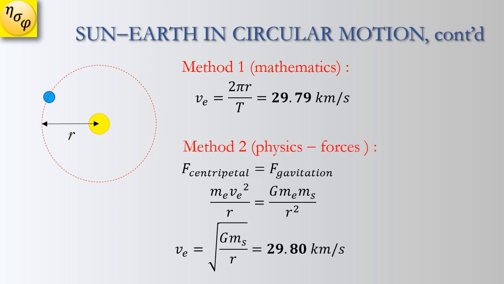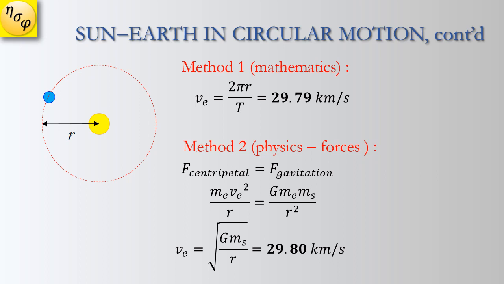In the second method, I used physics, especially forces. In this two-body problem between Sun and Earth, there are 2 competing forces. Those are centripetal force and gravitational force. These 2 forces must be the same to create a stable bound state. Here we see the formula for centripetal force is me VE squared divided by r.